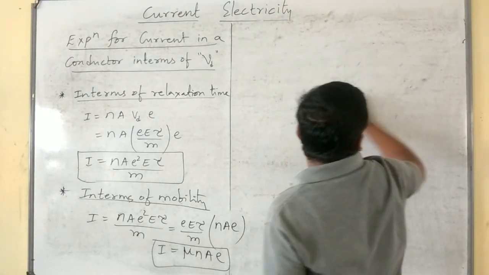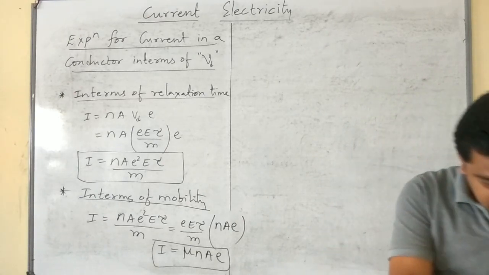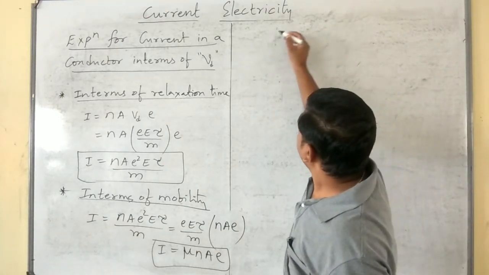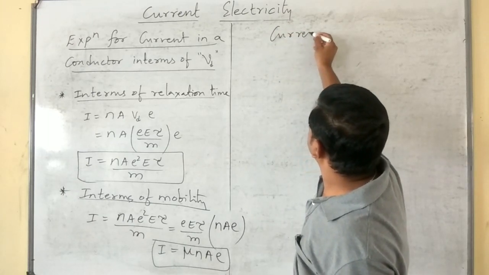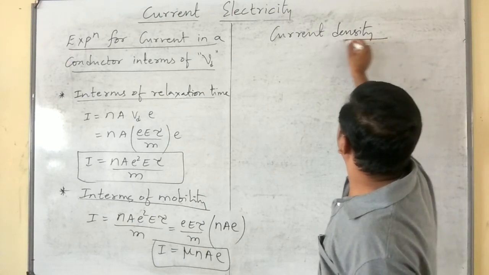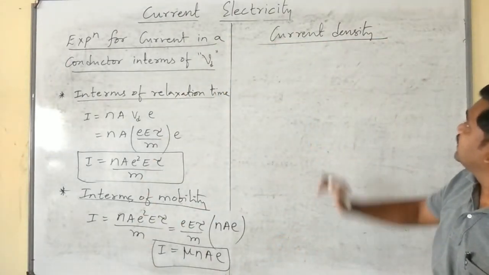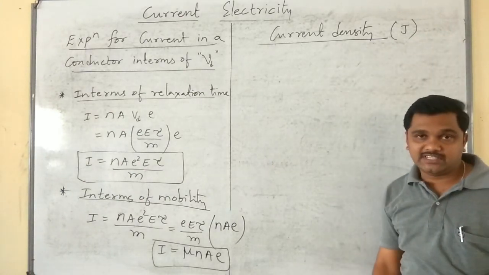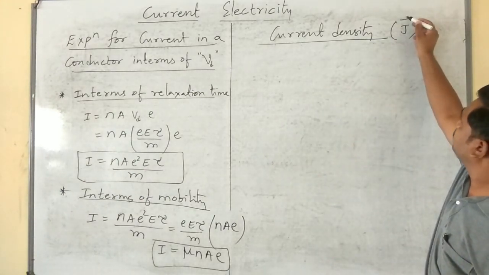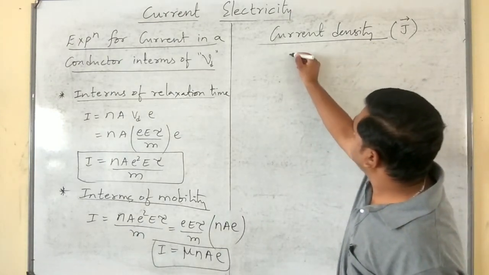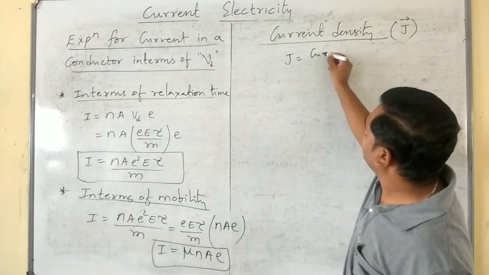Next, let's go to a new concept called current density. Current density is denoted by capital J, which is a vector quantity. Please remember, current density is a vector quantity. How to define J is very simple.